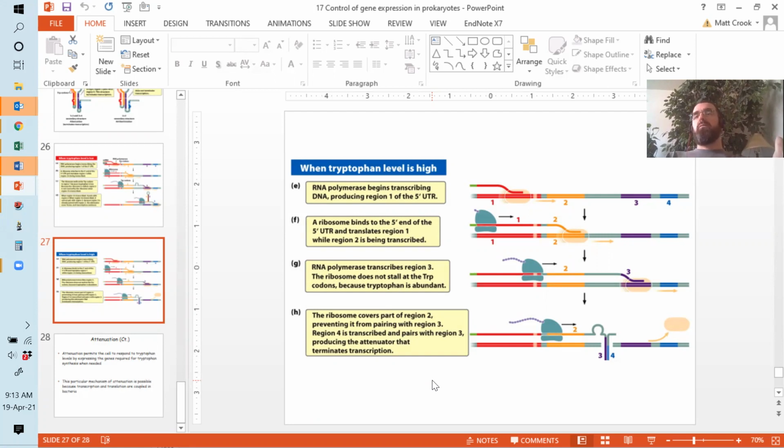And so translation pauses, termination doesn't occur, and transcription continues. But as those levels of tryptophan get up, the probability that there's not going to be a charged trp tRNA around gets lower and lower, and so attenuation becomes more and more common, and overall transcription of the trp operon decreases.